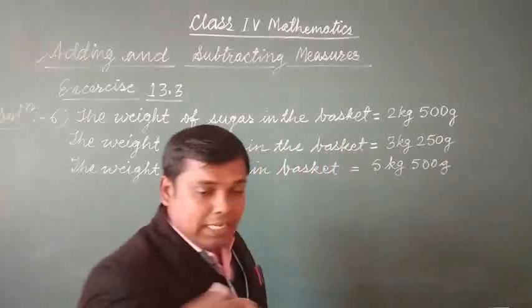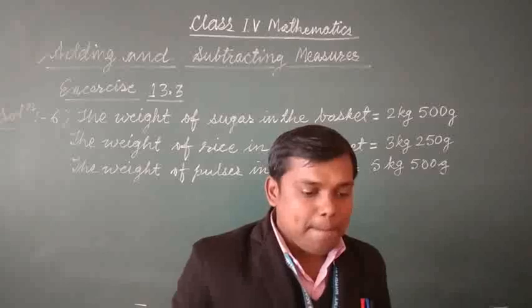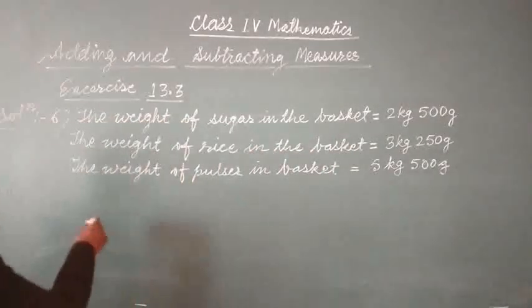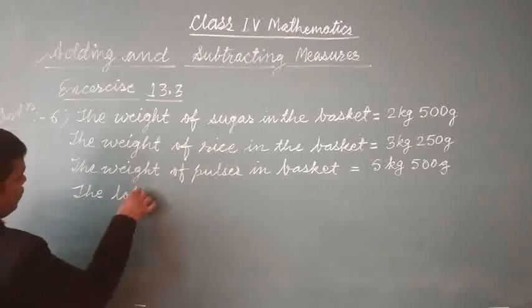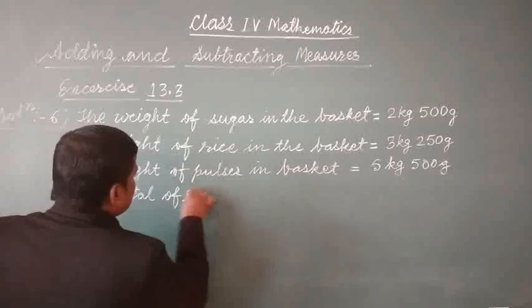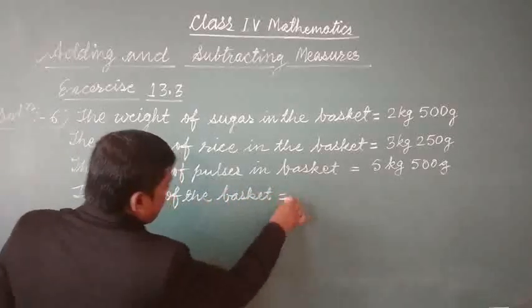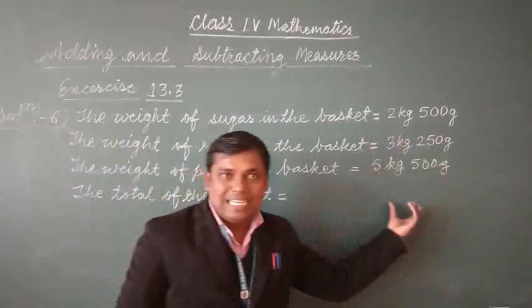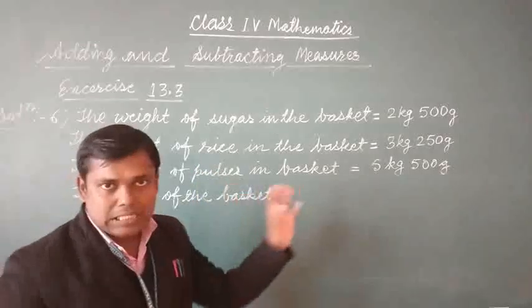Okay, and he is asking what is the total weight of the basket. So we write the total weight of the basket is equal to, we will add all these three weights, weight of sugar, rice and pulses all together.